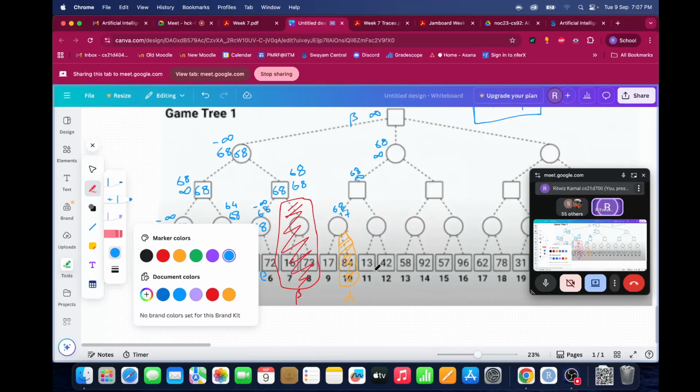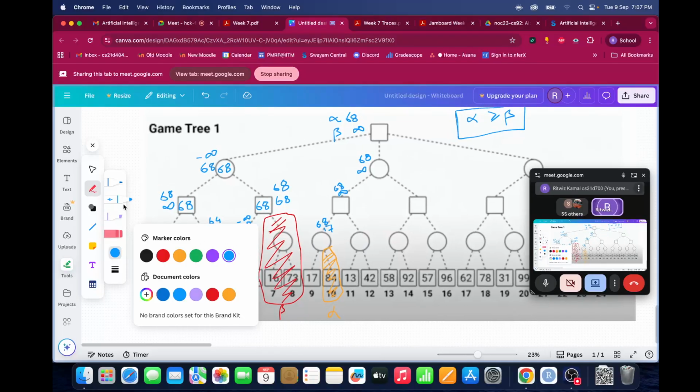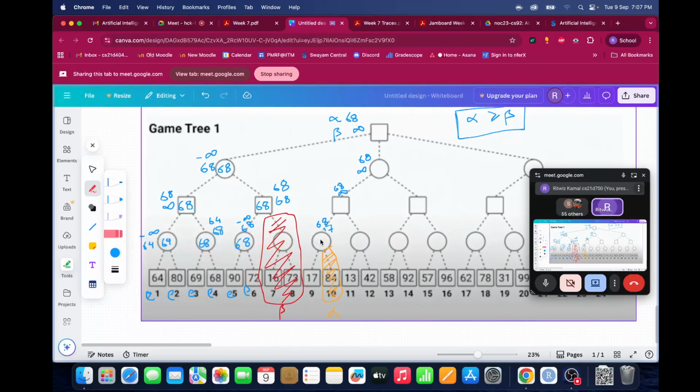Now let's proceed with the rest of the algorithm. This returned the alpha value, so this got a value of 68, and this will now pass on 68 to this max node. This already has an alpha value of 68, so will any update happen? No. No updates, the alpha and beta values will remain as they are.